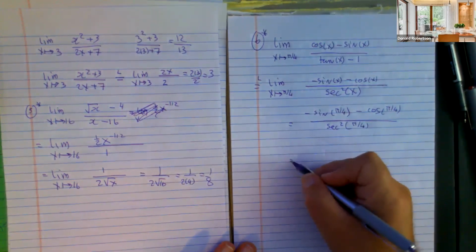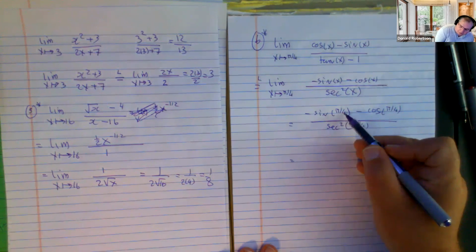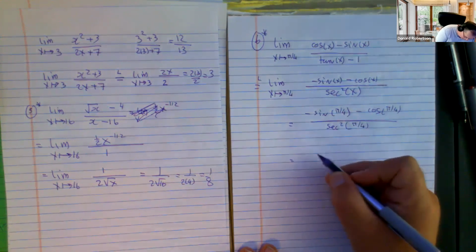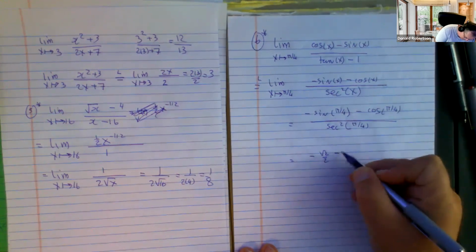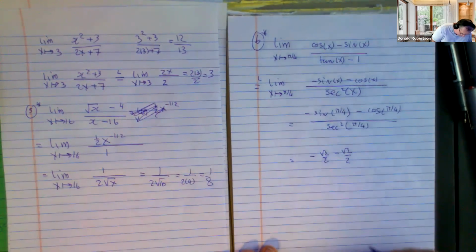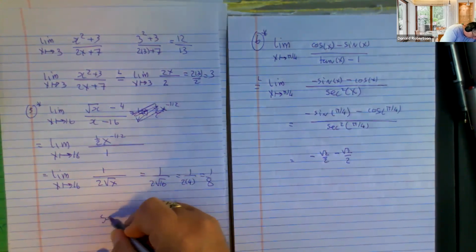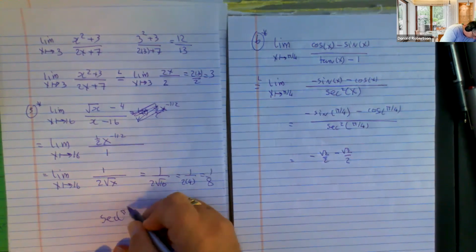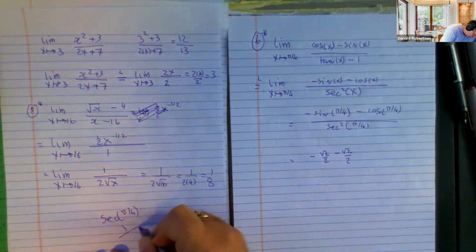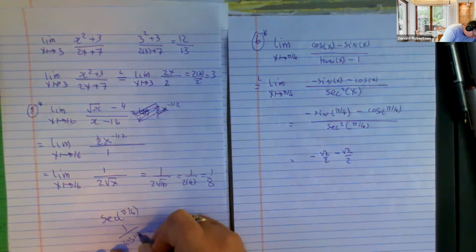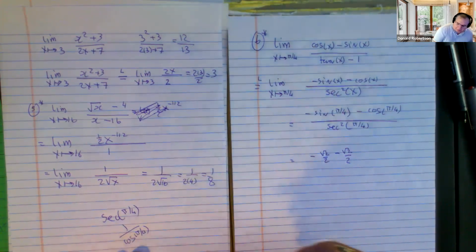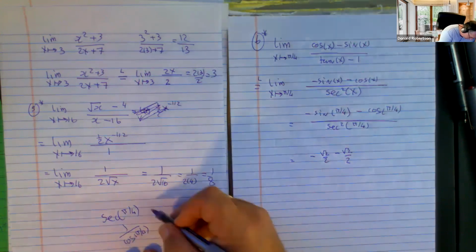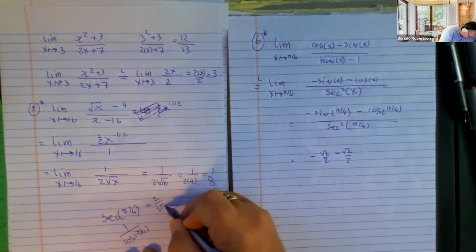If you go to your unit circle, the sine of pi upon 4 is root 2 upon 2. So this is negative root 2 upon 2. This guy is negative root 2 upon 2. If you want to find the secant of pi upon 4, it's probably better to find what the cosine of pi upon 4 is, and then just turn it upside down. Well, the cosine of pi upon 4 is root 2 upon 2, so the secant is 2 over root 2, right?